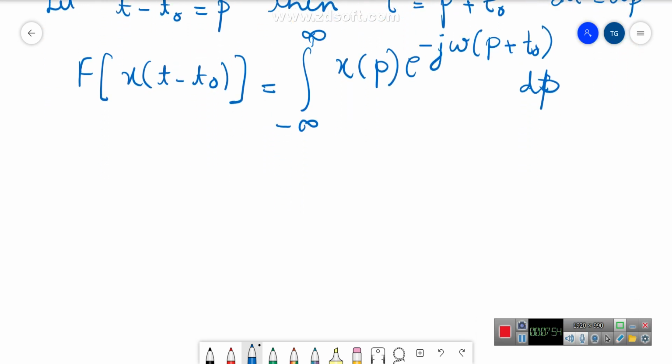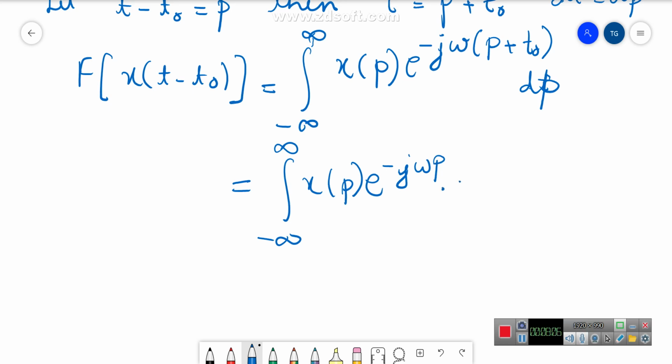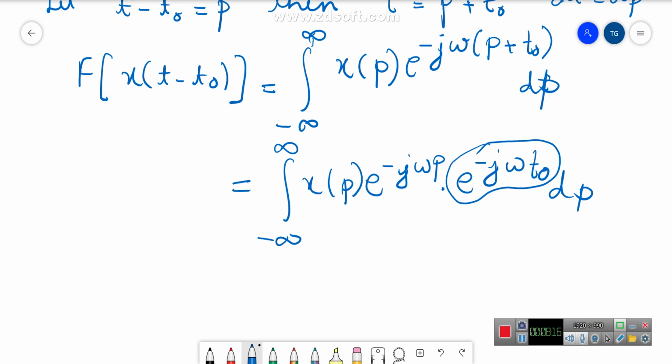Now opening this bracket, we can write it as the integral from minus infinity to infinity of x of p e to the power minus j omega p into e to the power minus j omega t naught into dp. We can see that this term has no p variable. This is a constant term and it can be brought out.